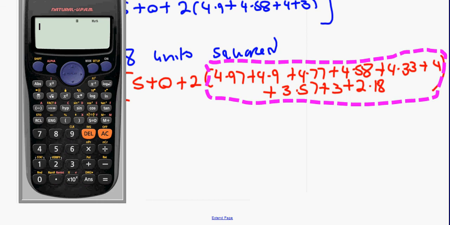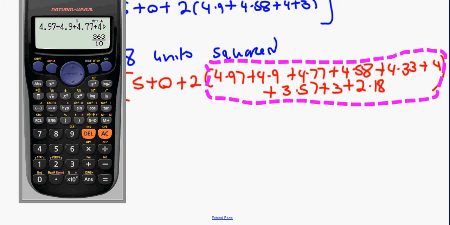So let's start off with this. 4.97 plus 4.9 plus 4.77 plus 4.58 plus 4.33 plus 4 plus 3.57 plus 3 plus 2.18.